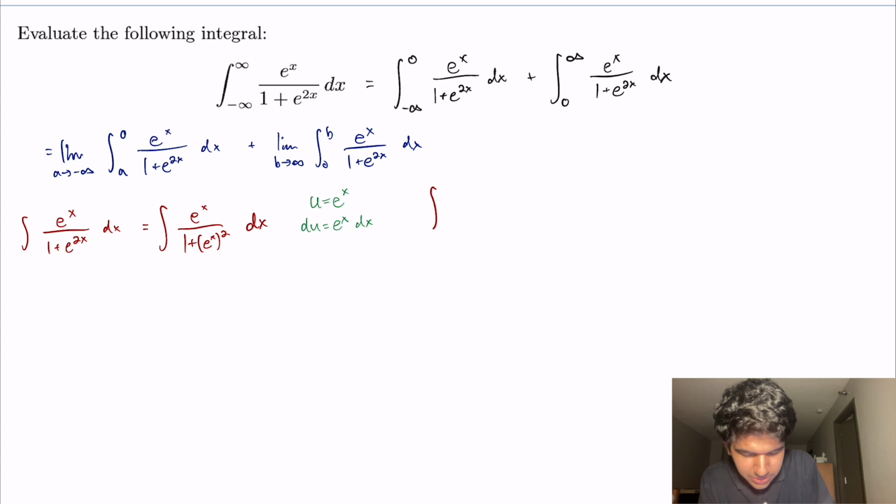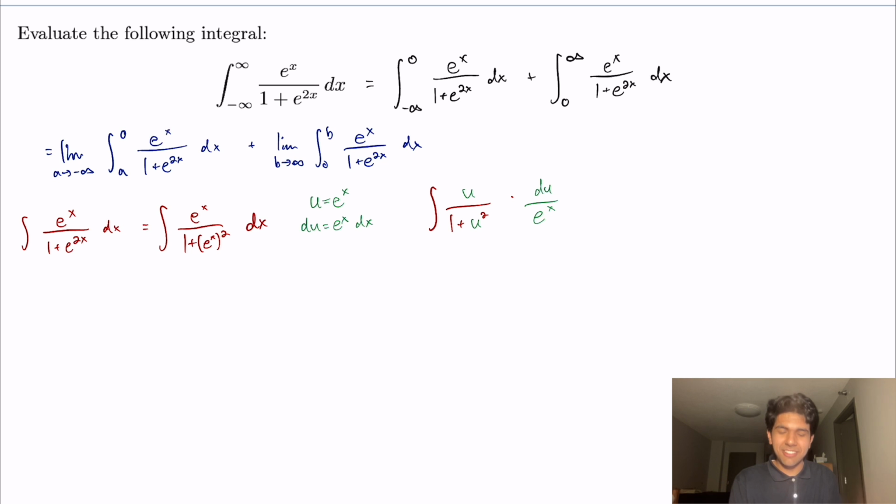That means our integral is u divided by, let me use green for where I use u, divided by 1 plus, we can write u squared in the denominator, times du over e to the x.